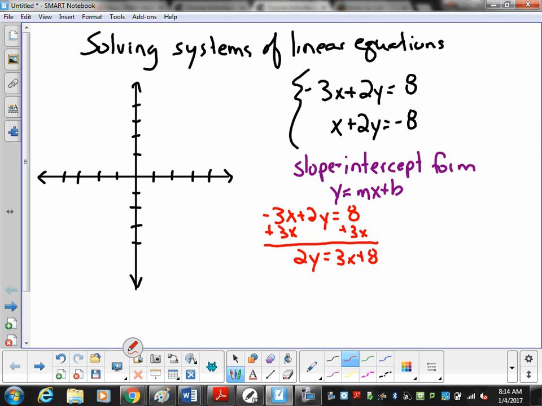So I got 2y equals 3x plus 8. Second step, divide everything by the 2 so that the y gets completely by itself. So I have y equals 3 halves x plus 8 divided by 2 is 4.